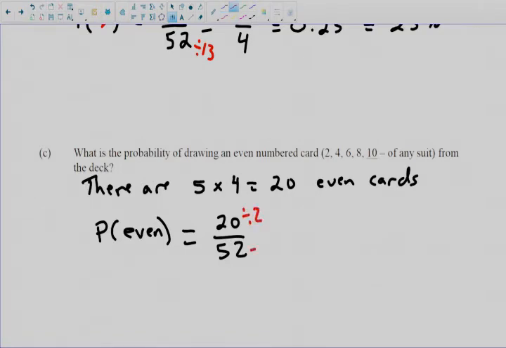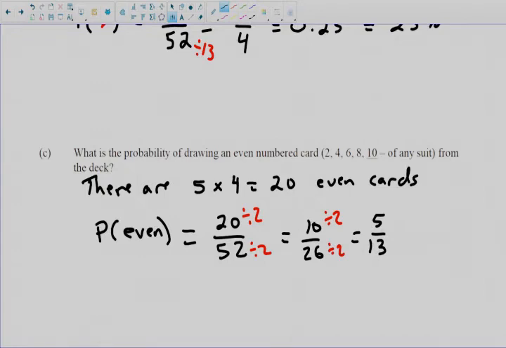If I divide both of these by 2, I'm going to get 10 over 26, which means both of them are again divisible by 2, which actually means I could have just divided by 4, but if you're not sure how to simplify, sometimes it's easier to just do it in multiple steps, which is 5 over 13.